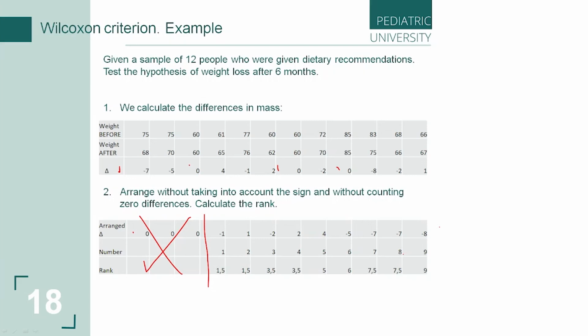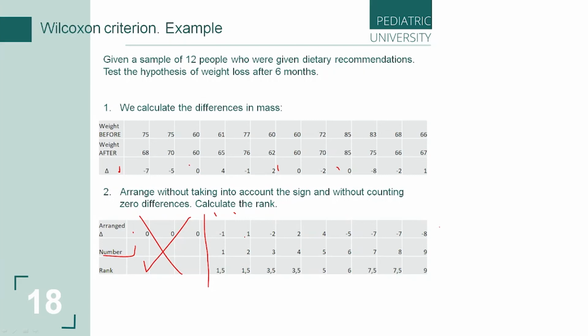Then we must put ranks to our numbers. First is the ordinary number: first number, second number, third number, and so on. Our sample is arranged, and we must put the ranks. Firstly, we have 2 numbers, 1 and 1, not looking at the minus sign.